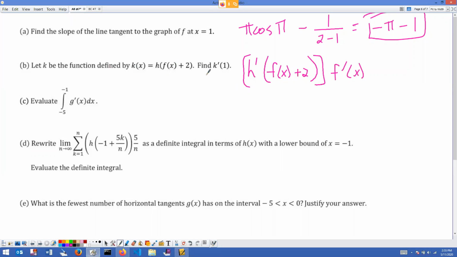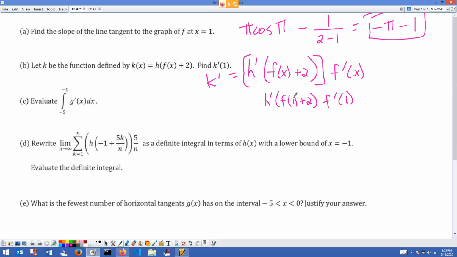So that should be k prime using the chain rule. And then we want to find k prime of 1. So k prime of 1 should be h prime of f of 1 plus 2 times f prime of 1.